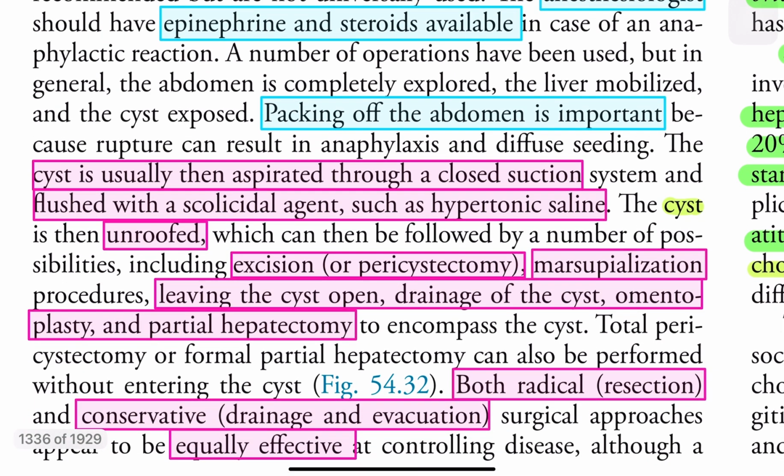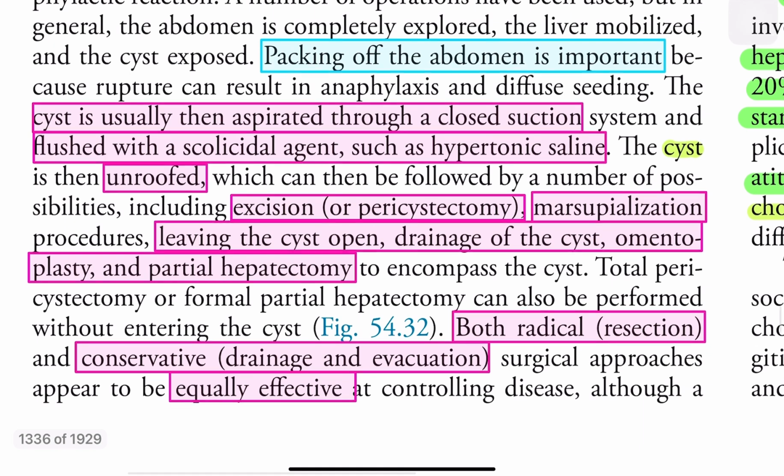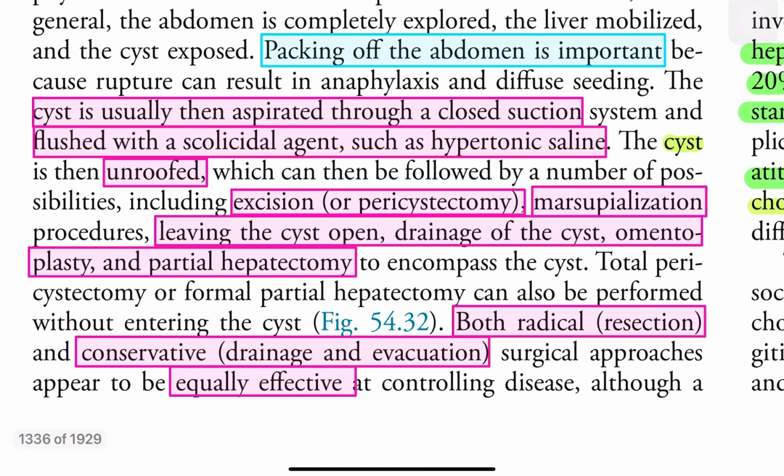When you open the abdomen, you should pack the abdomen so that you can avoid spillage. The cyst is usually aspirated through closed suction and flushed with scolicidal agents such as hypertonic saline, and then the cyst is unroofed.